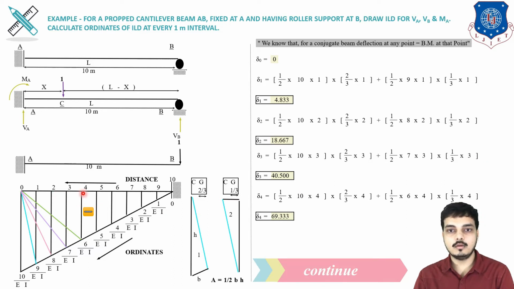For the fourth point, there are two triangles. This green line cuts the two triangles. The first triangle is 0, 10, 6, 0, and the second triangle is 0, 4, 6, 0. So 1/2 of 10 multiplied by 4 into 2/3 of 4. This distance is changing, you can see, and over here the height is changing: 9, 8, 7, 6. By this, we can find delta up to 4.